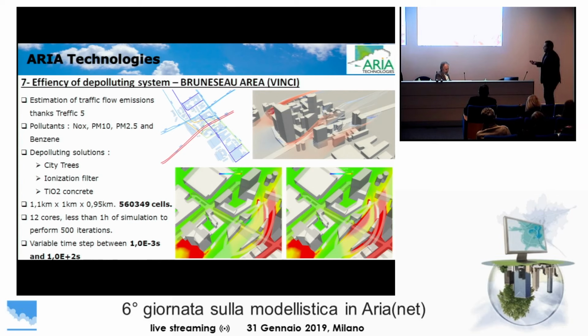And we performed simulations with and without the depollution system to see the effects. It was a marketing study, but it's always interesting to integrate this type of solution in a CFD model.